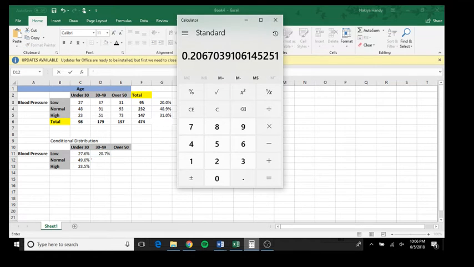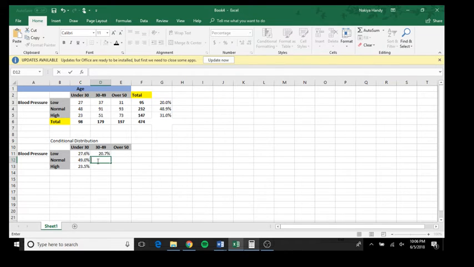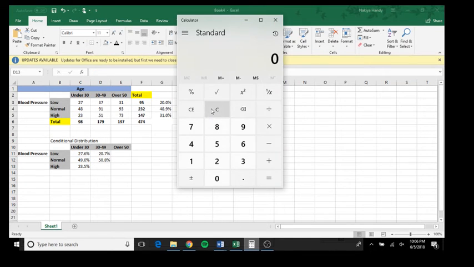Now we are doing 91 divided by 179, and we're going to round that and do 50.8%. And now we're going to take 51 and divide that by 179 as well, and we're going to do 28.5%.